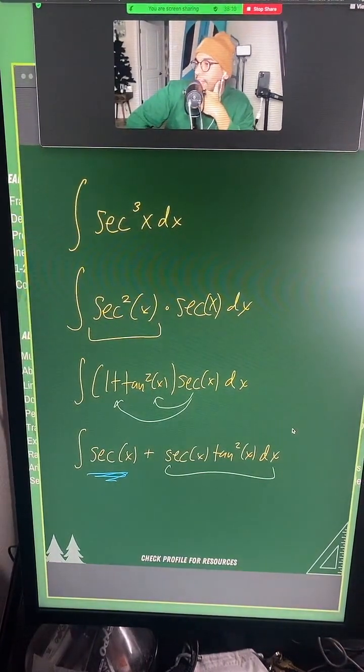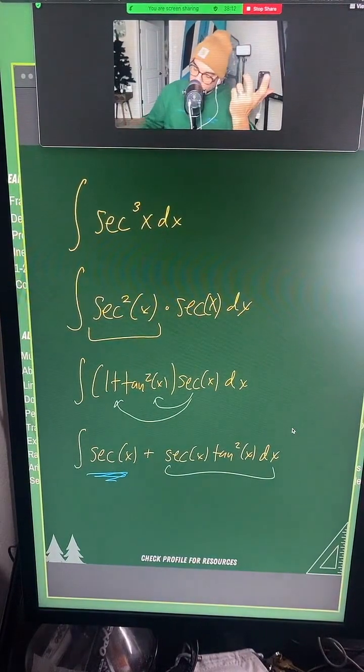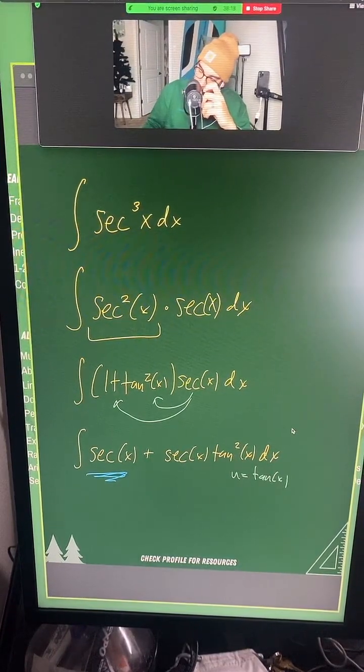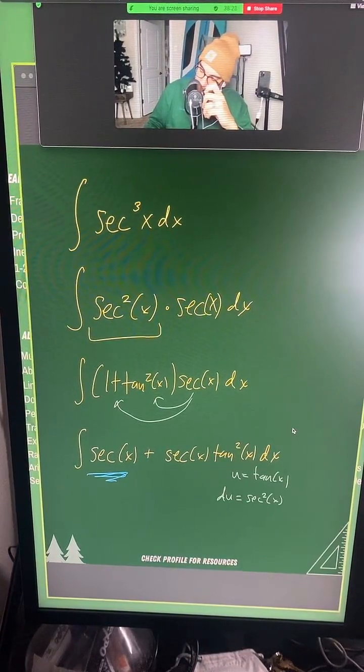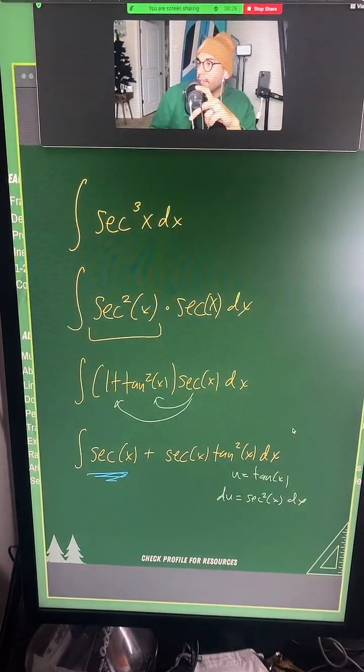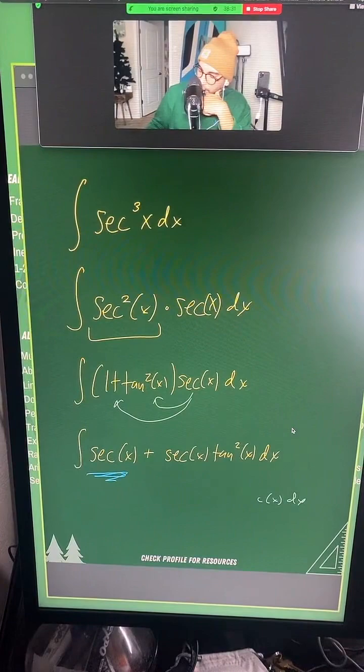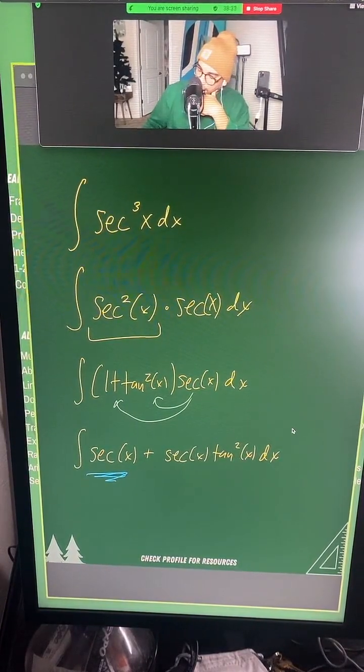The derivative of tan x is secant squared x. Okay, so let's try to use substitution. Okay, u is equal to tan x. Du is equal to secant squared x dx. That's not going to really help us cancel out. So it looks like we might have to try something else. Okay, let's try secant x as our u.